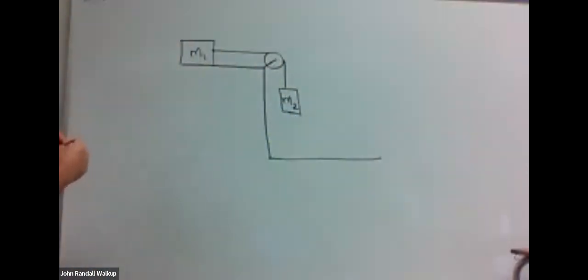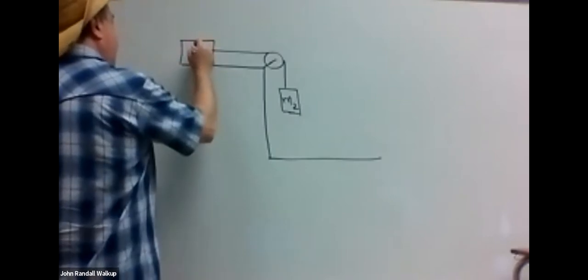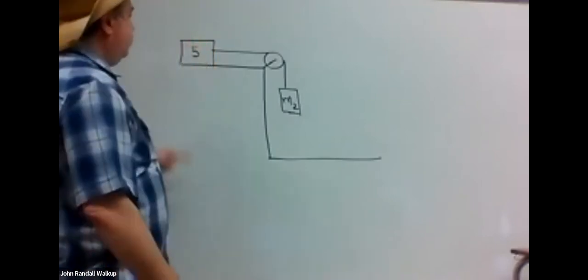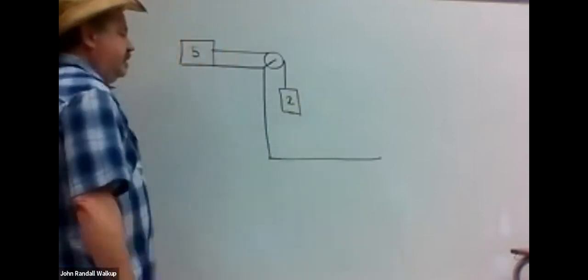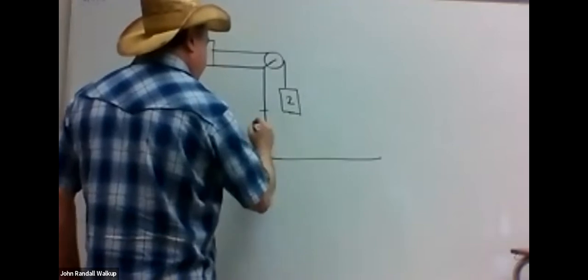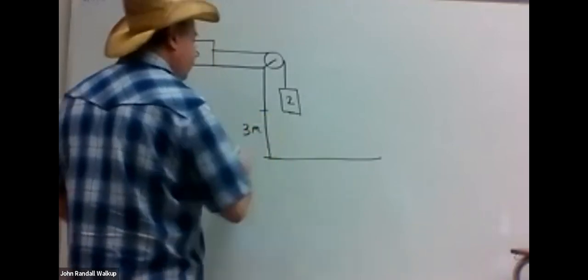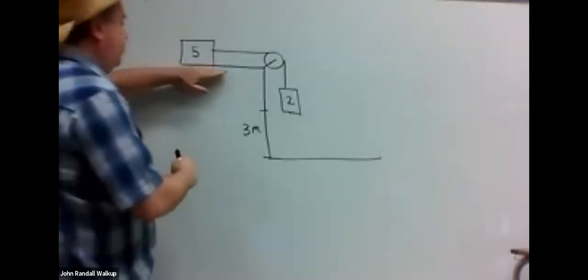And let me go ahead and give you some values here. M1, we'll say is 5 kilograms. This is the mass in kilograms. And we'll say that this one here is 2 kilograms. And let's suppose that this distance here is 3 meters. Now, this is frictionless.